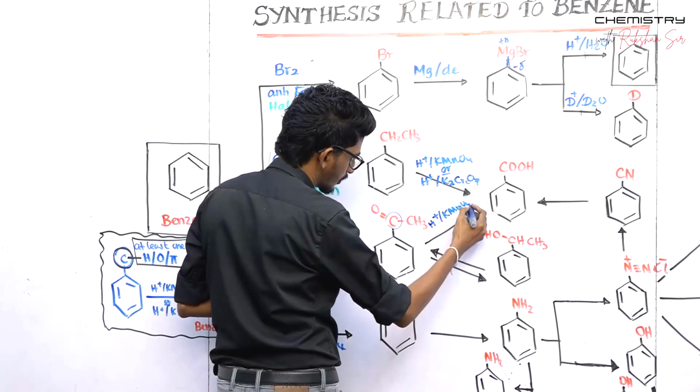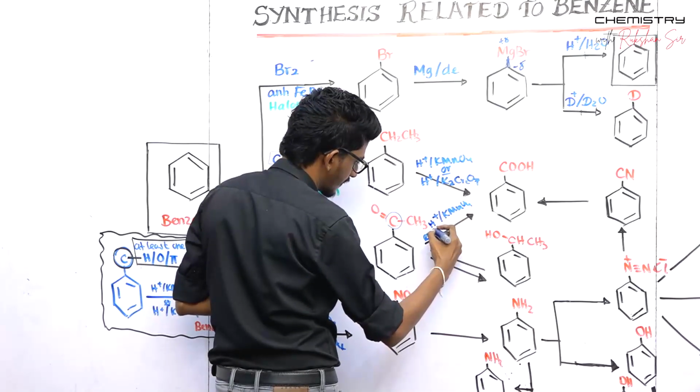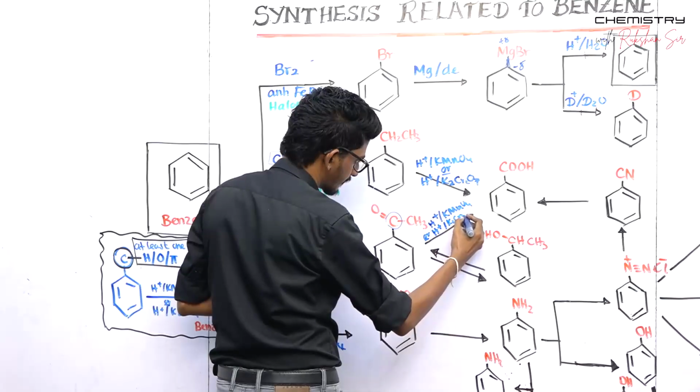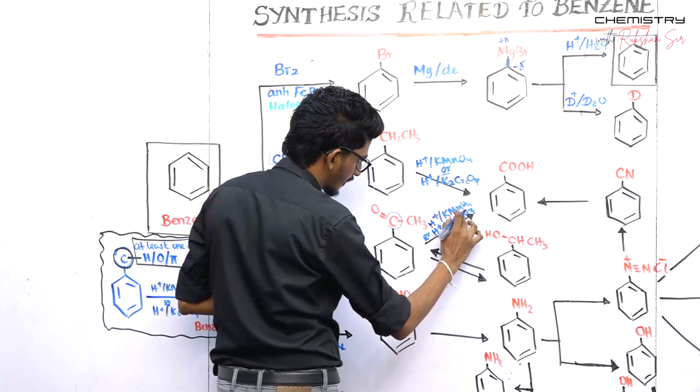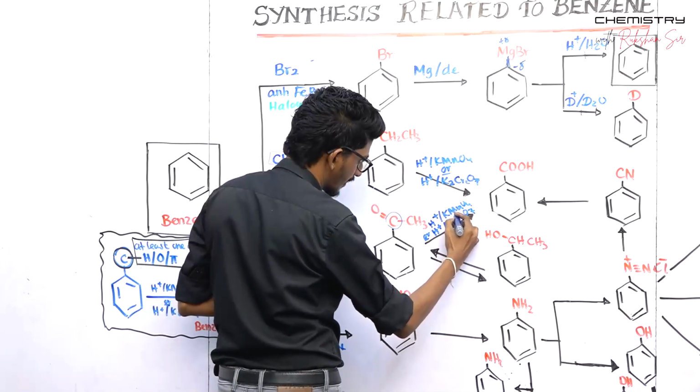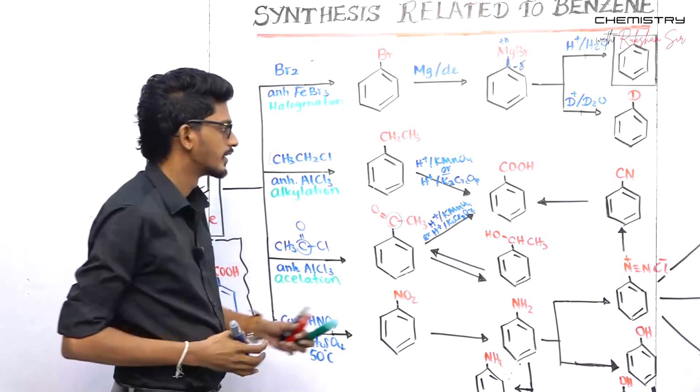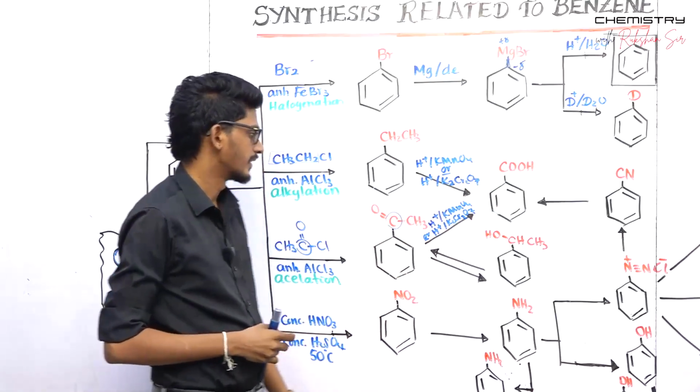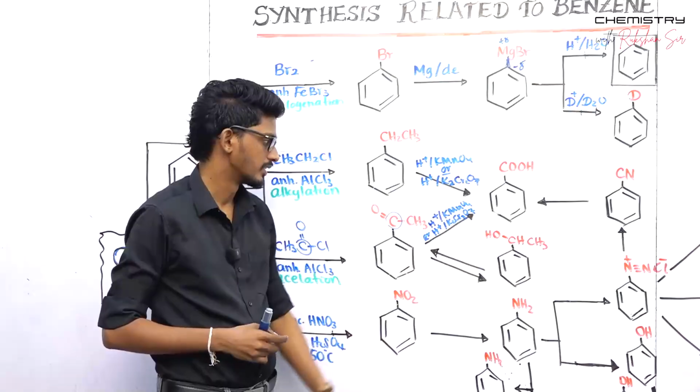By adding a strong oxidizing agent, you can convert this ketone group to benzoic acid, right?